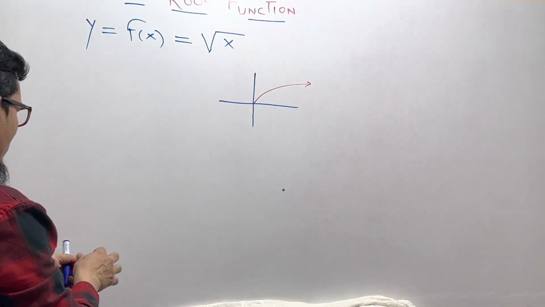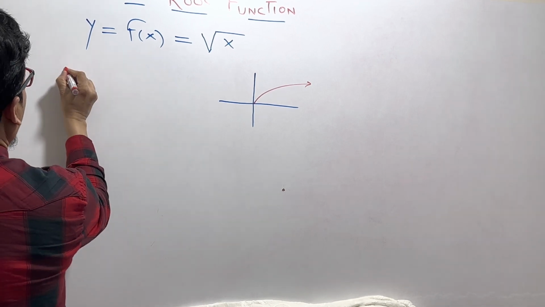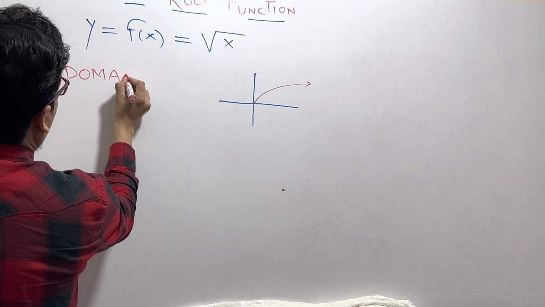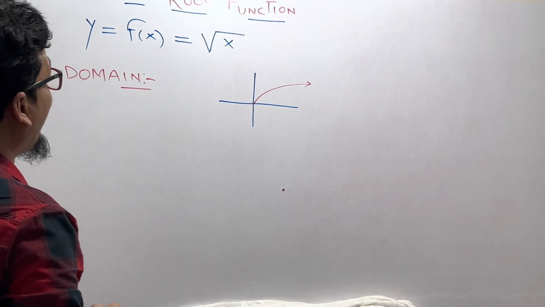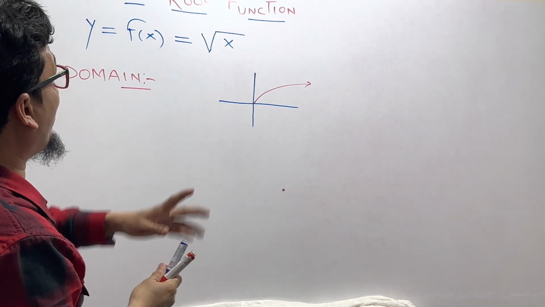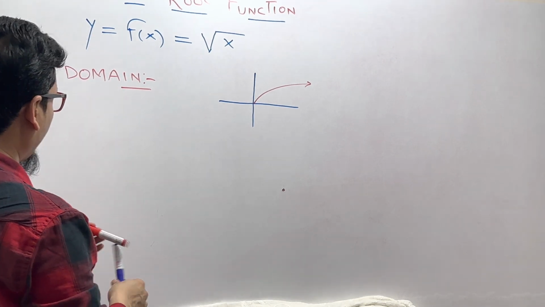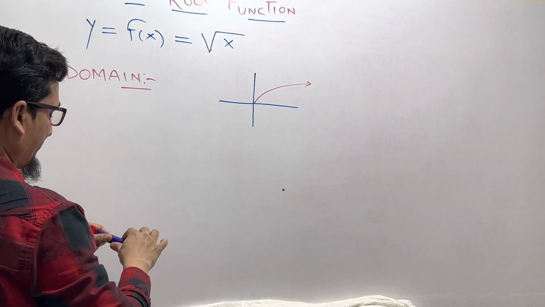Now the topic is to find the domain. You have to find the domain of the square root function, okay guys? I'm going to describe two types of square root function.